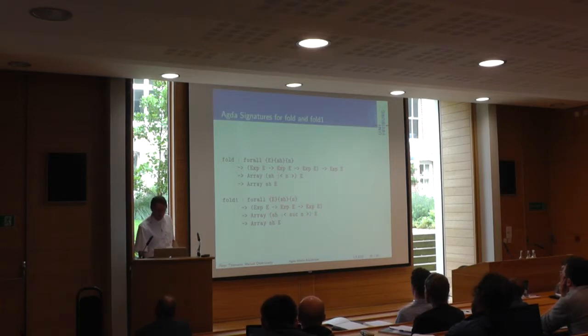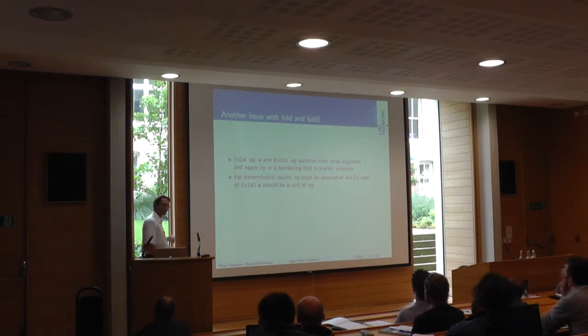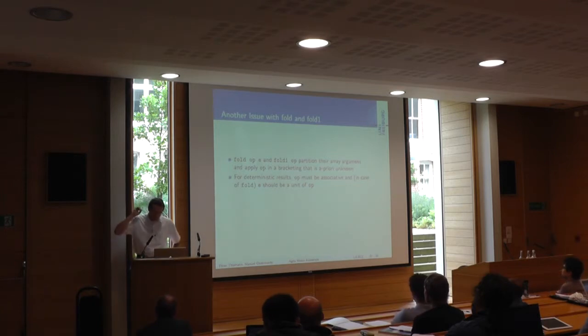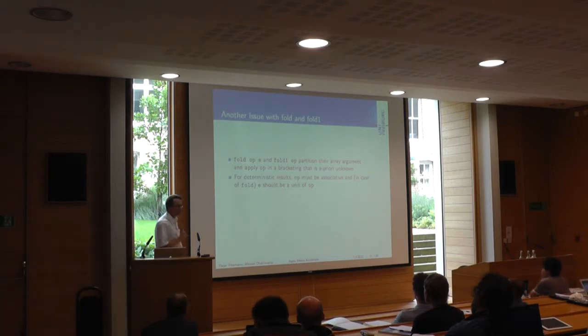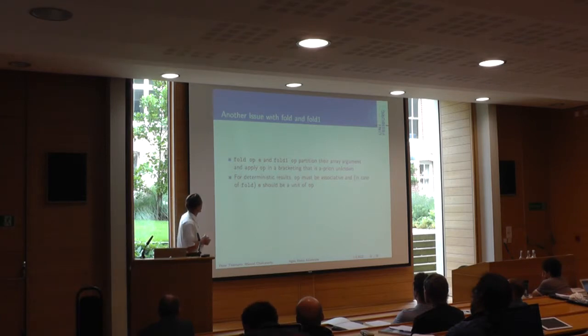Why I'm mentioning fold and fold 1 is because there's another issue with it, which is connected with the second part. As you may remember from the definition two slides back, fold and fold 1 both partition their argument in some a priori unknown way in order to parallelize it efficiently and get to log n runtime for the operation.